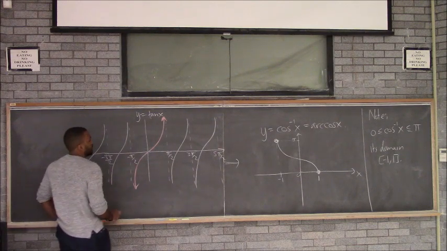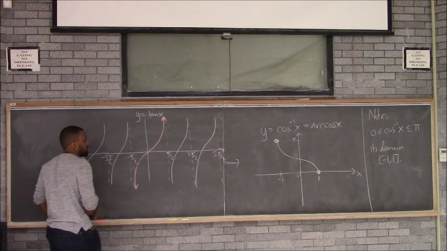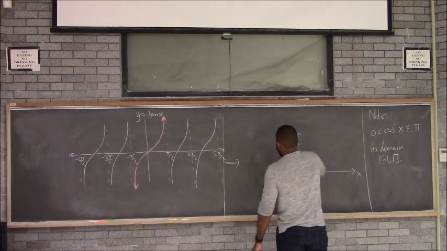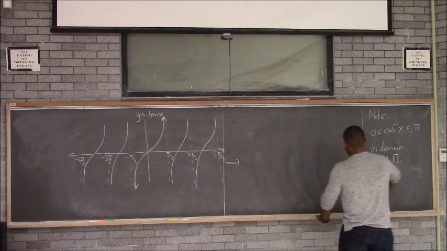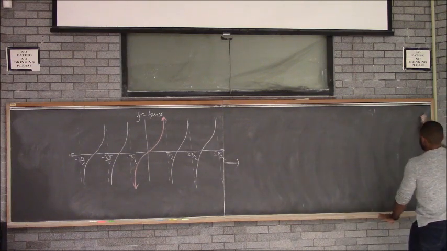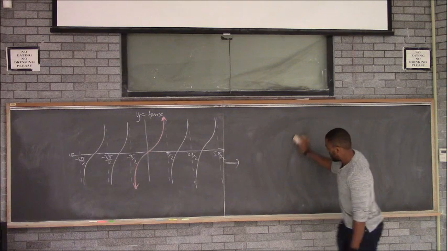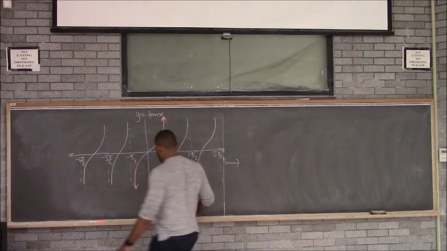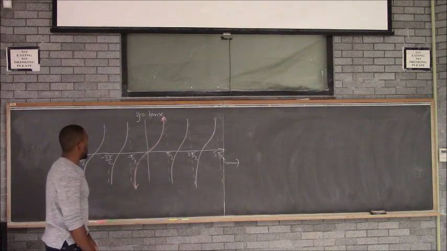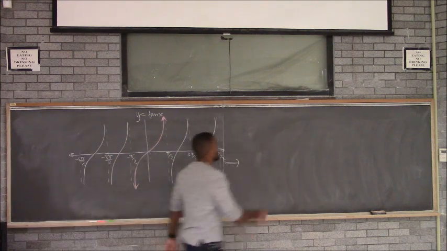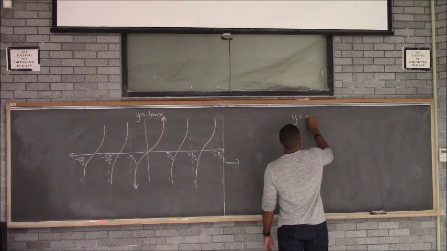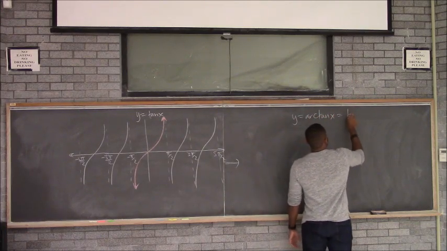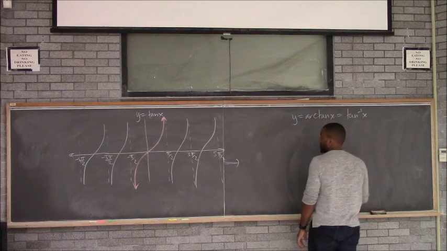So look at the line y equals x. And this will give us a graph of the arctangent, which is a graph that we've seen before, especially when doing limits, but just so you know where it came from. Basically, the graph y equals arctangent, which is the same as tan inverse.